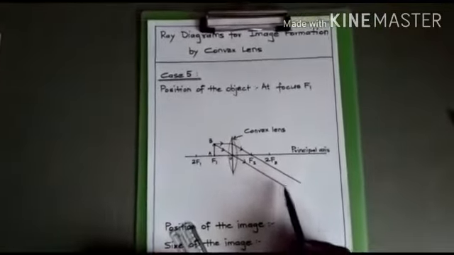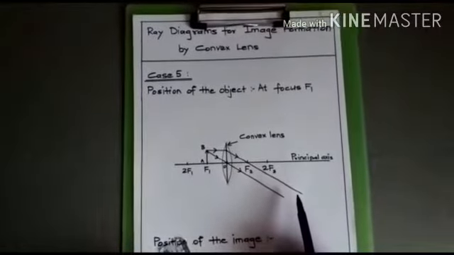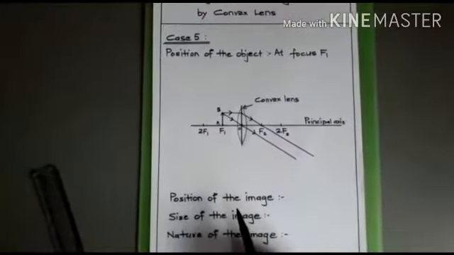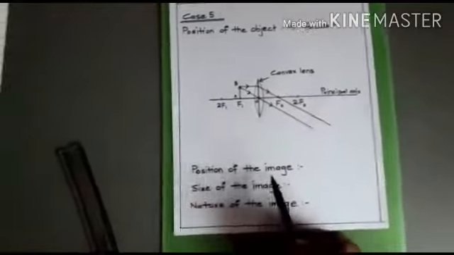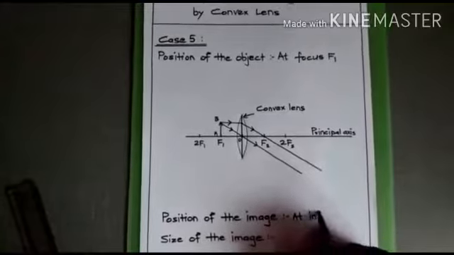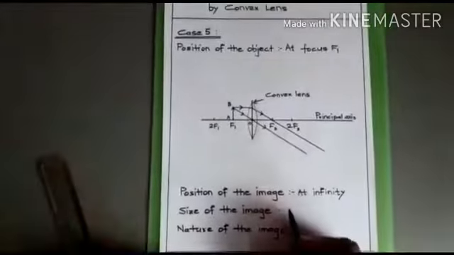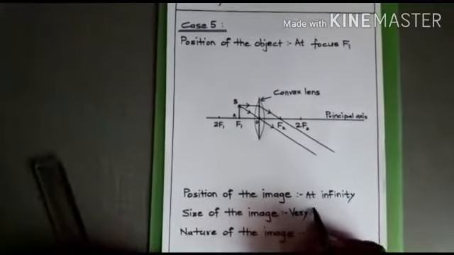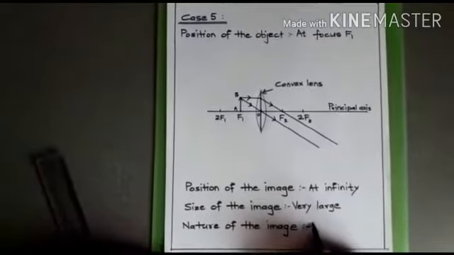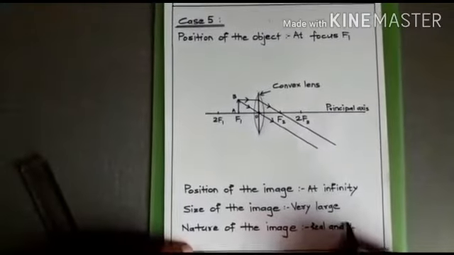The refracted rays are parallel. So the image is formed far away at infinity, and therefore the properties of the image here: position of the image at infinity. Size of the image: very large. Nature of the image is real and inverted.